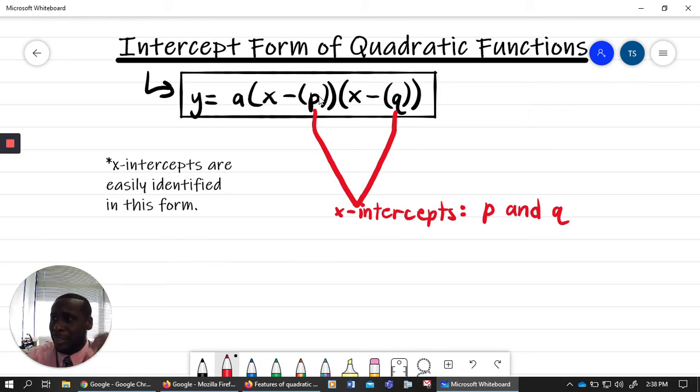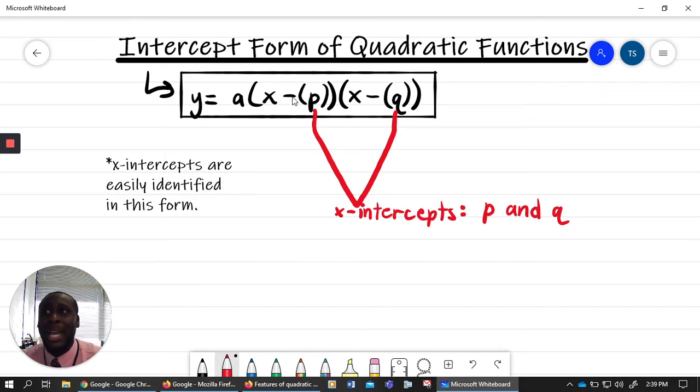Yesterday we talked about the vertex form in another video, and in that form you had x minus h inside the parentheses, similar to the x minus p you see here. And the same way we said that the minus doesn't really mean it has to be negative, or that it has to be a minus sign there.